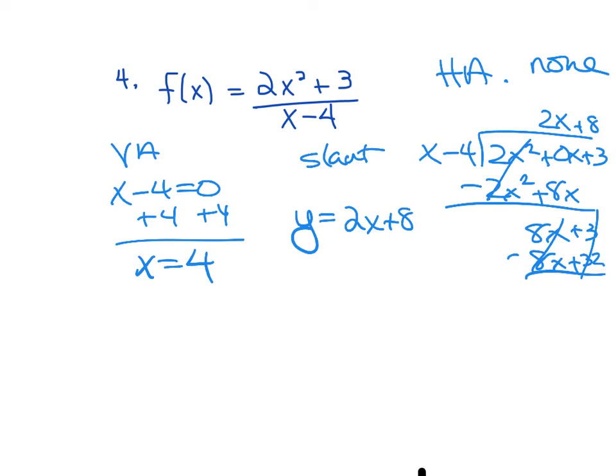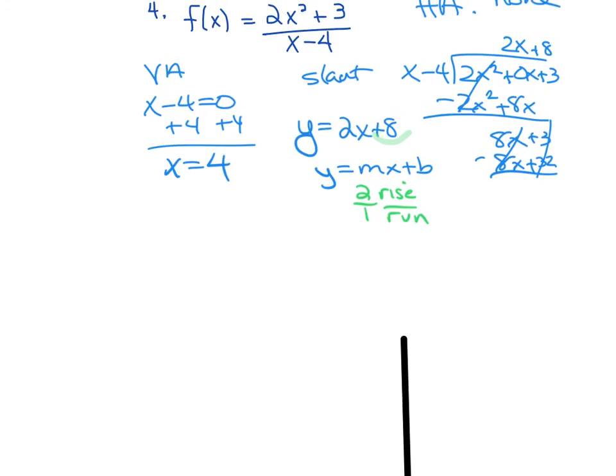I'm now going to graph this slant asymptote. This is in y equals mx plus b form. I'm going to start at positive 8, and then I'm going to move my slope. I'm going to rise 2 and run 1. Let me go ahead and put that on my graph.